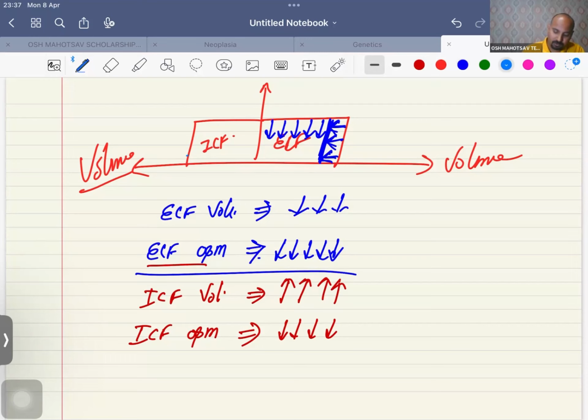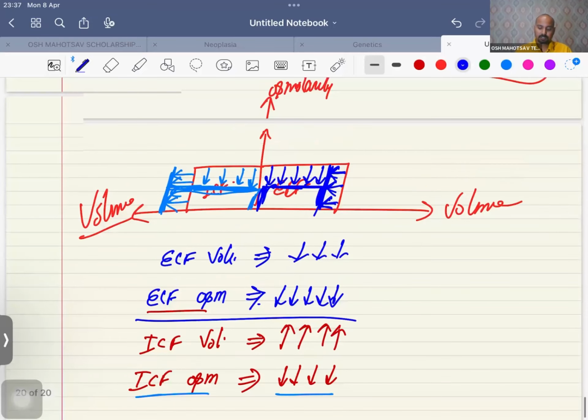ICF volume will increase this way. This is the final graph of ICF volume. And ICF osmolarity will decrease. This is the final graph of ICF osmolarity, and this is the final graph of ECF osmolarity.